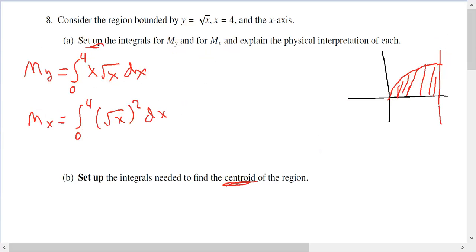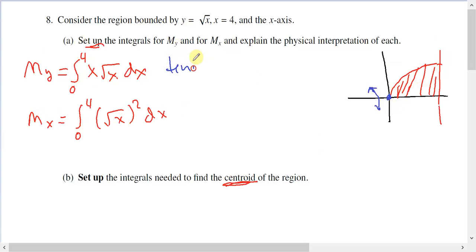And so remember, what that means is if I were to put the fulcrum right here at 0, 0, what the moment with respect to y gives me is the tendency of this thing to rotate on the x-axis in the y direction. So that's going to give it the tendency to rotate this way or this way. And obviously with what we're seeing here, this is going to rotate hard to the top, in the positive y direction, if you tried to balance it by putting the fulcrum there in terms of the y coordinate.